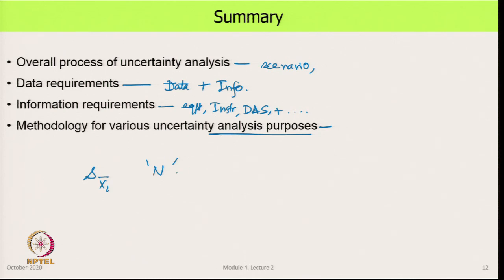This analysis is done at a particular confidence level. So, this goes into the experimental methods part of the course. We will not look at it here. We will look at the overall picture and establish uncertainties in measurements and then in results.